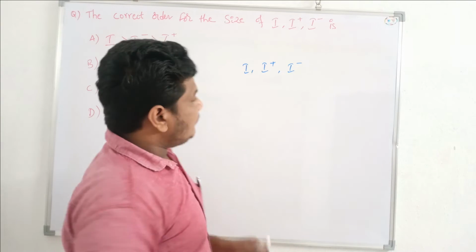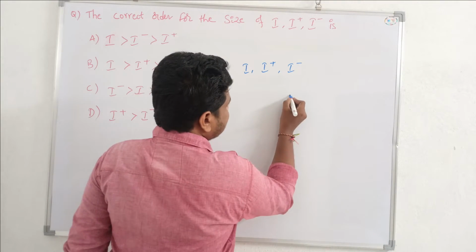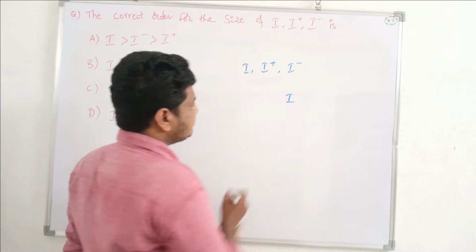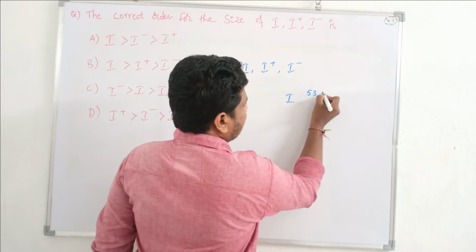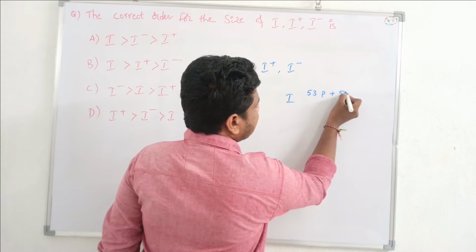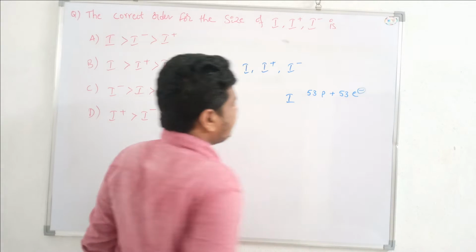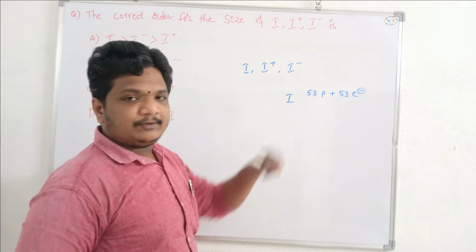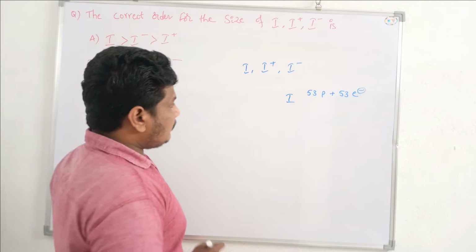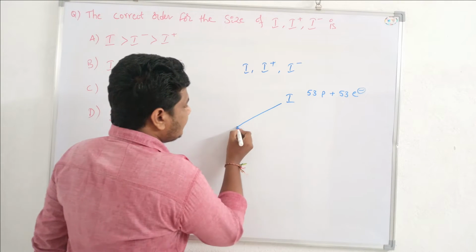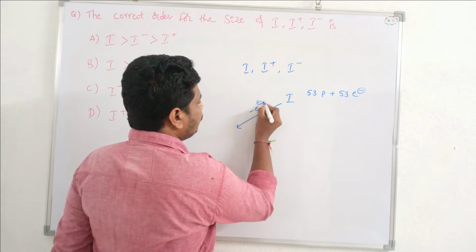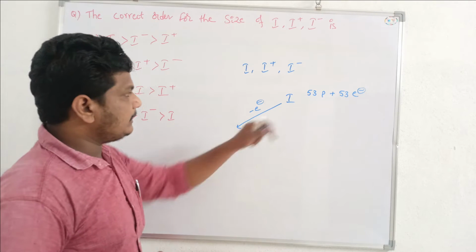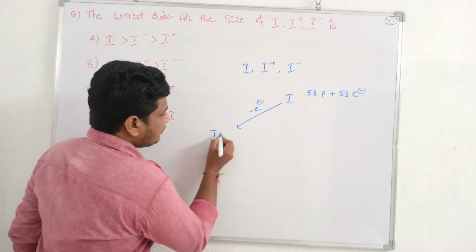In this case, I is iodine, which has 53 protons and 53 electrons. By removing one electron from this iodine atom, it will be converted into I+.